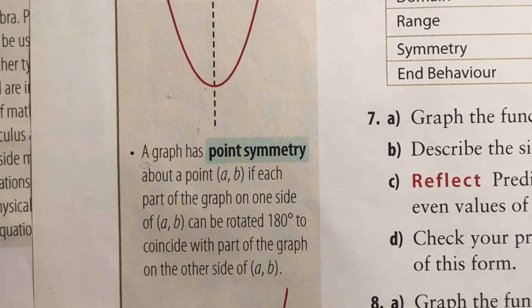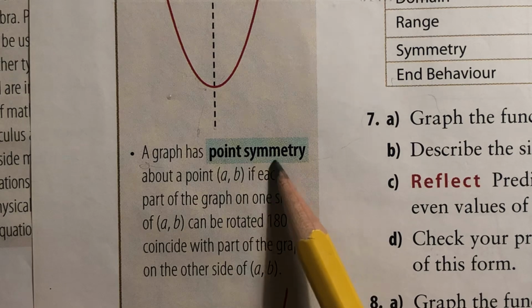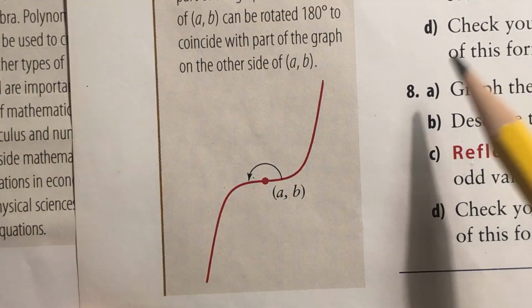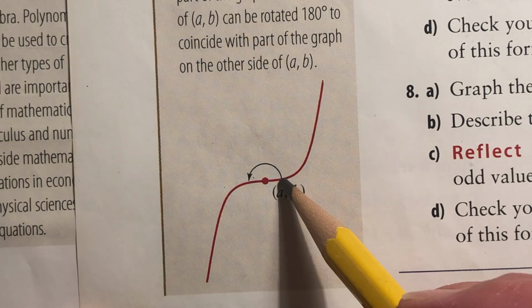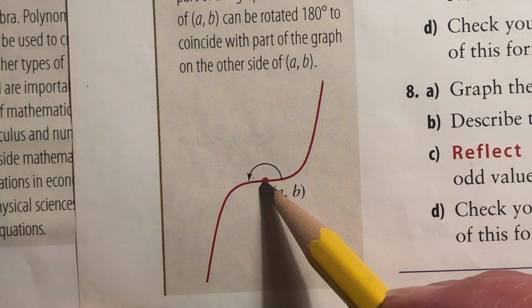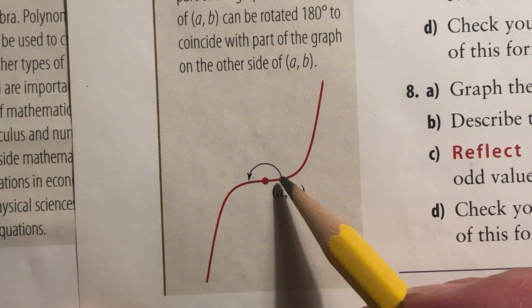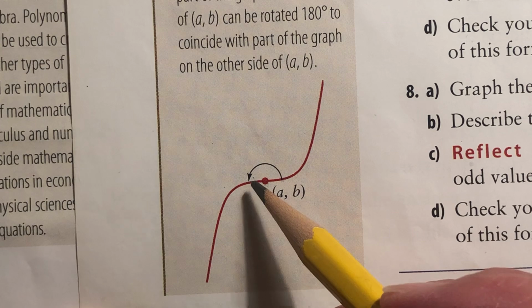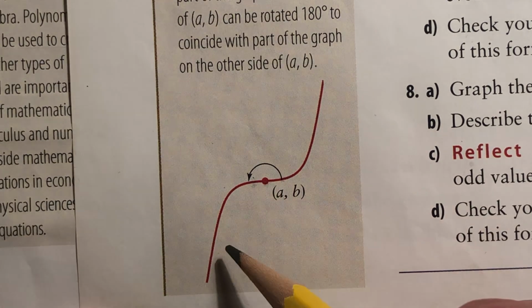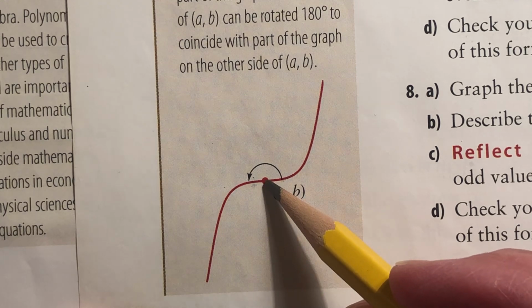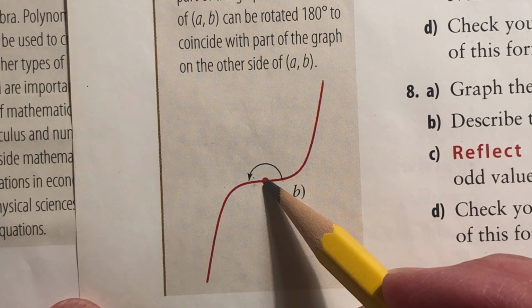Another term is called point symmetry. What is point symmetry? Look at this graph. Look at this point. If you turn this point 180 degrees about this point, you come to another point. That point is still on the graph. So if you have this property, this point is the point of symmetry.